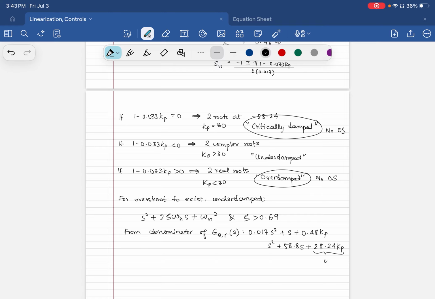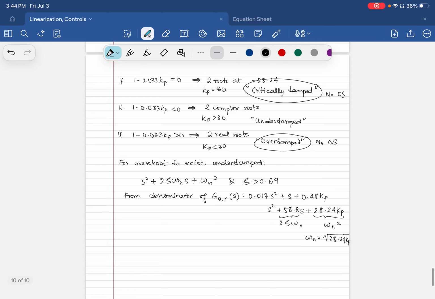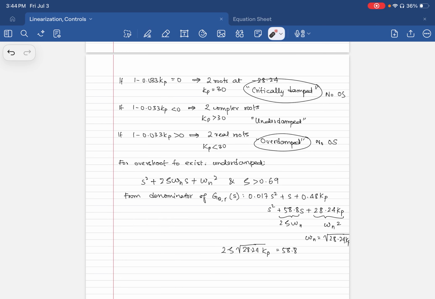This here becomes omega n square. This here becomes 2 zeta omega n. And essentially, from this we can write omega n is equal to root over 28.24 Kp. And from before, we have 2 zeta root over 28.24 Kp is equal to 58.8. So this is now combining these two together.